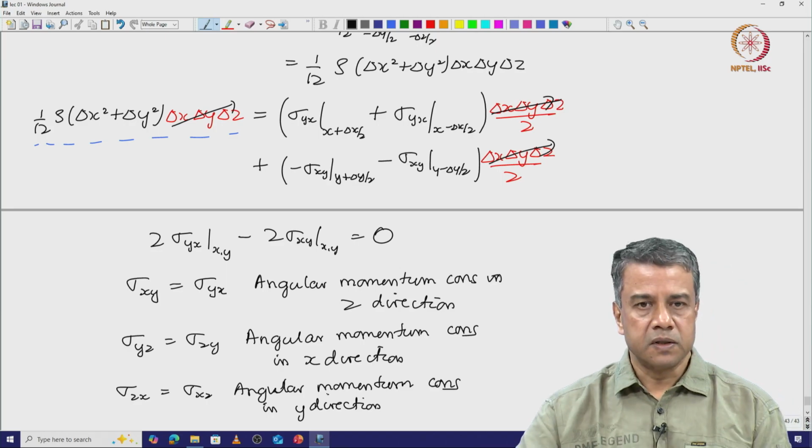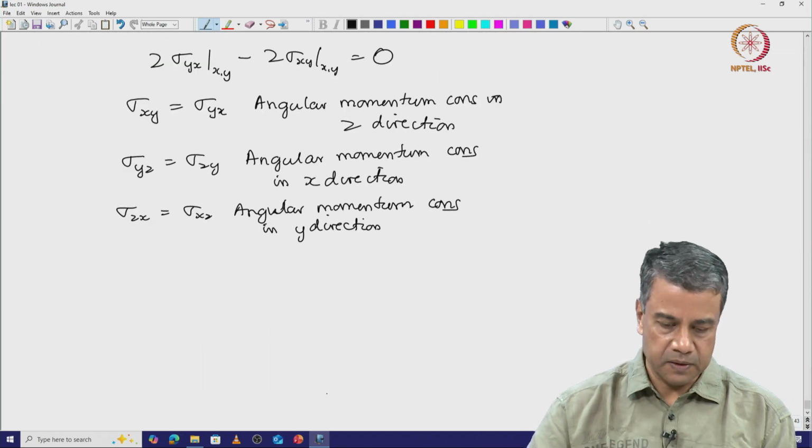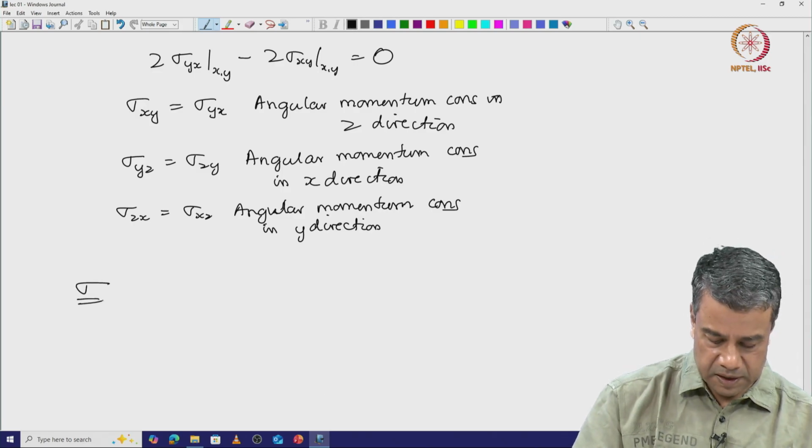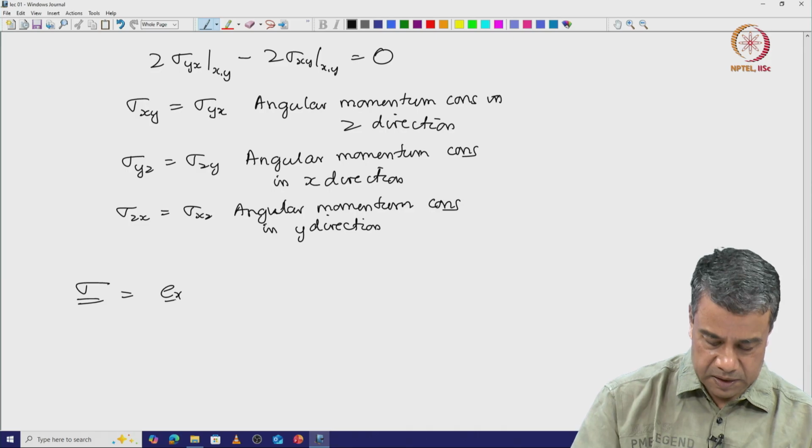So, based upon angular momentum conservation, you get an important result here for the stress tensor. Recall that I had written sigma is equal to E x, E y, E z.